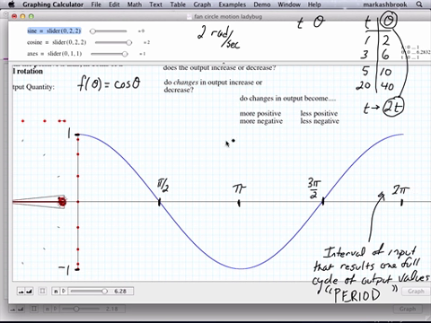Now, what if we wanted to write the same function, but instead of angle, in terms of t? What did we find that the angle equals? It equals 2t. So g of t would be what function? So it would be cosine of.